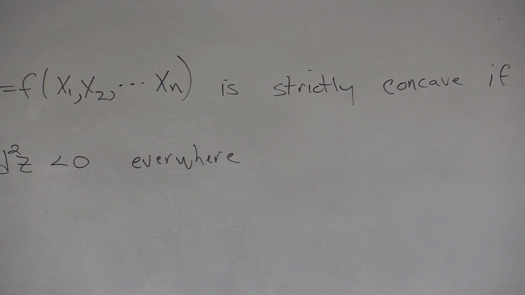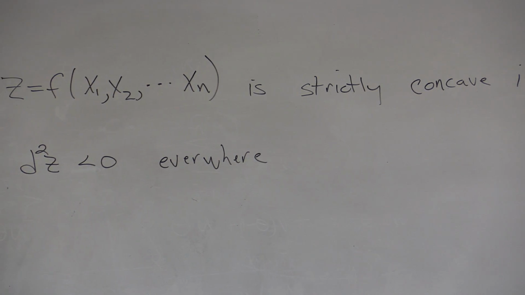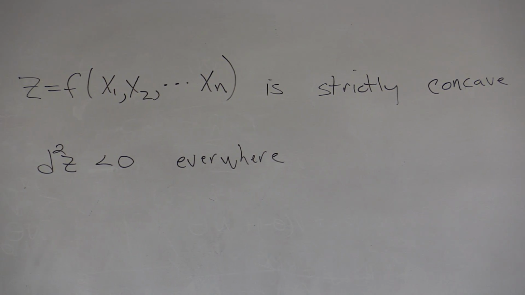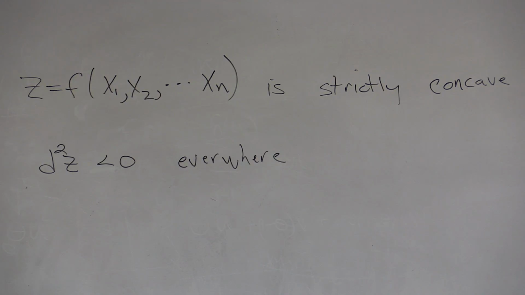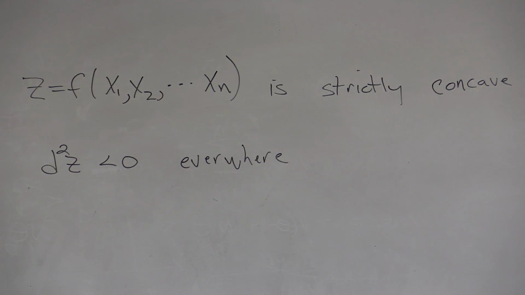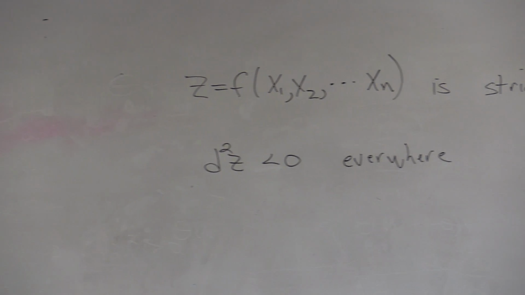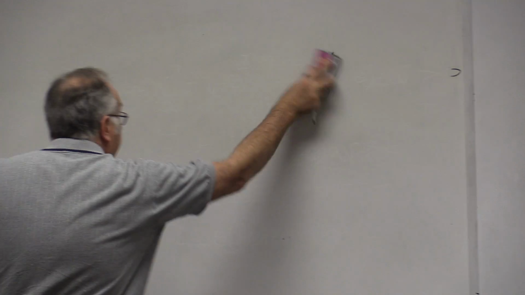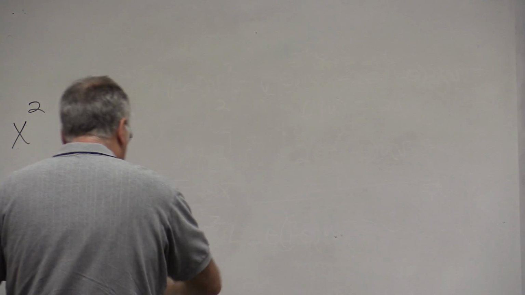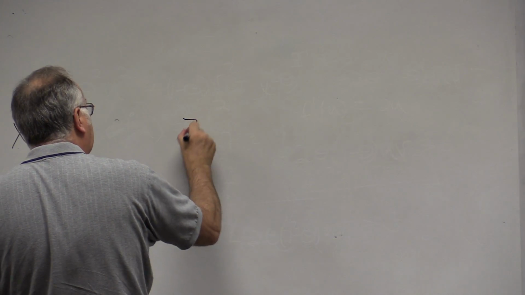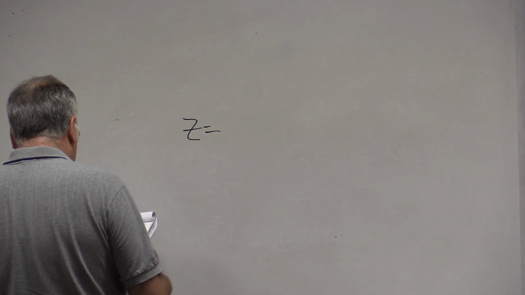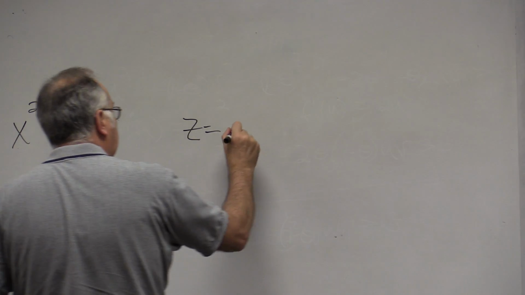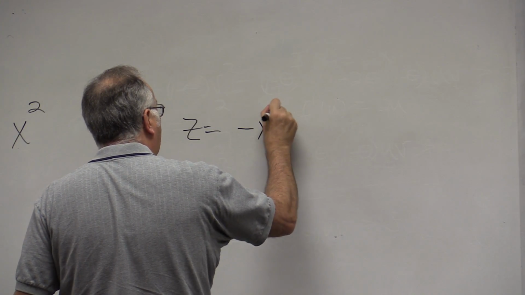Okay. Let me illustrate this case. Let me just take a simple example to illustrate this. And I'll actually follow the book because they start off with kind of an interesting example. Suppose you have this function. Z equals minus x raised to the fourth power.